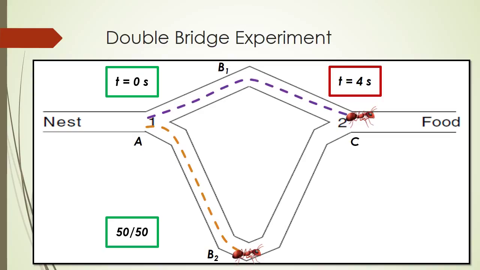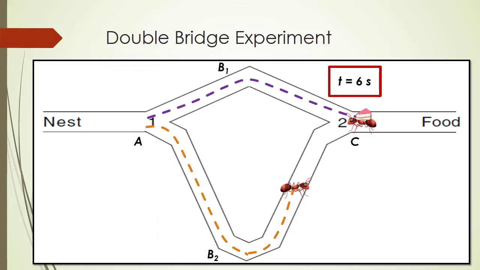And just as before, they have been laying down trail pheromones the entire way. So the ant that's already grabbed the food is going to continue on back. And he's going to get to this point C for the second time now, before the first ant has reached it for the first time.